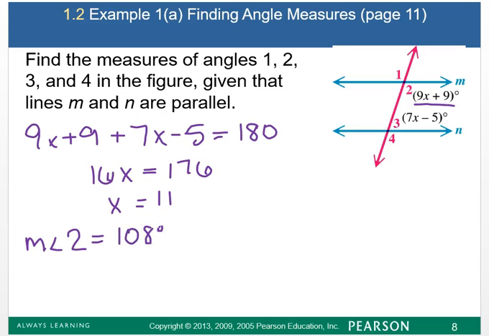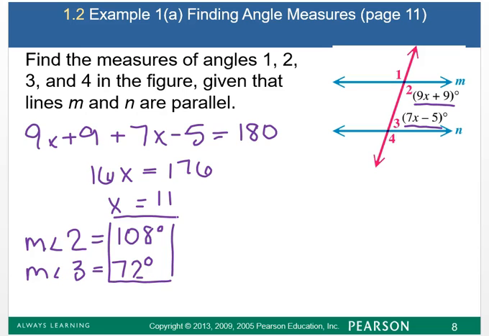And then for angle 3, do the same thing, plug 11 into this portion right here. We will get the measurement of angle 3 is equal to 72 degrees. Notice that these 2 degrees add up to 180.